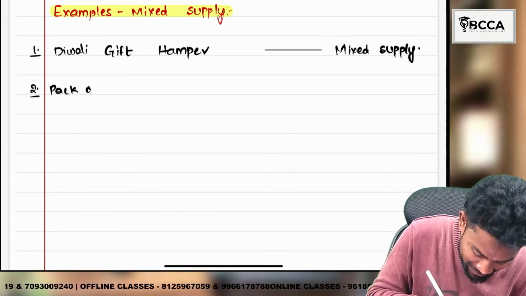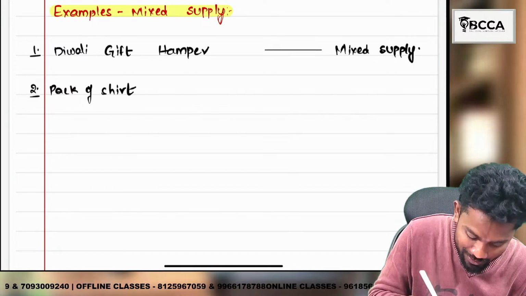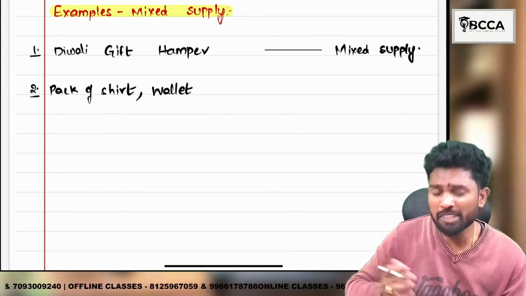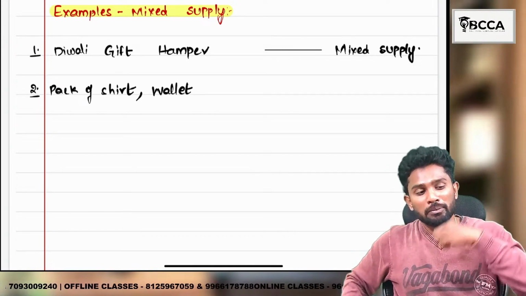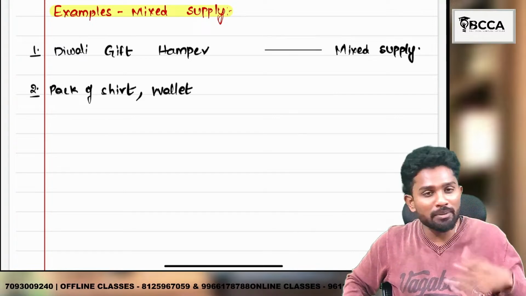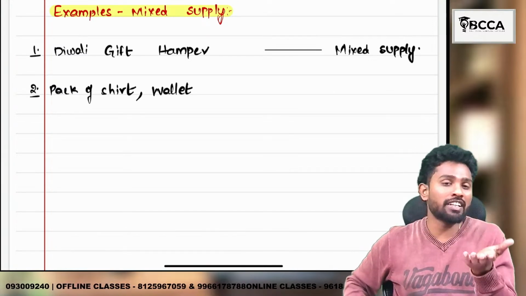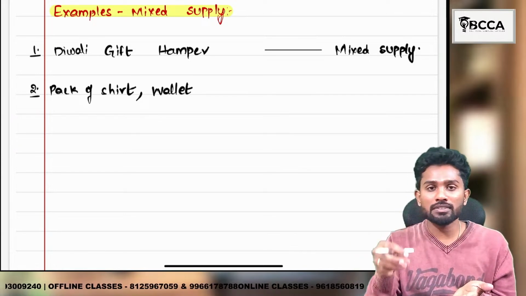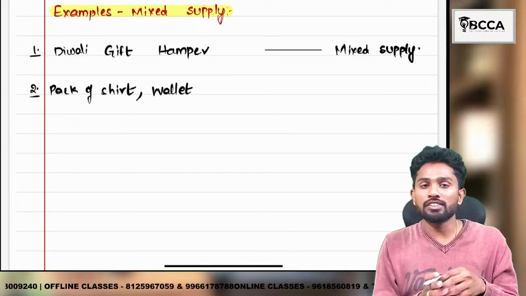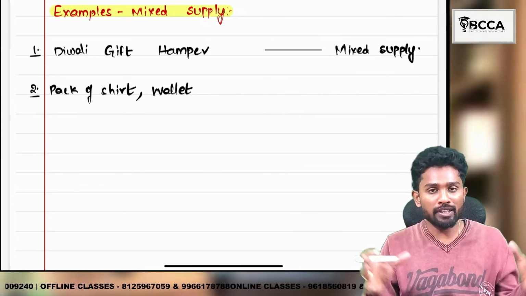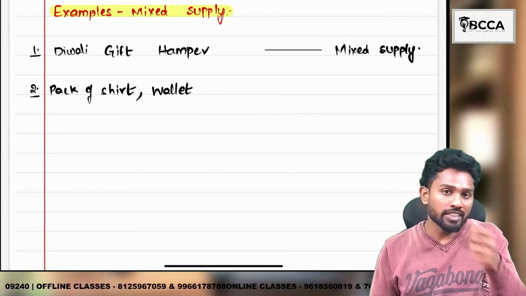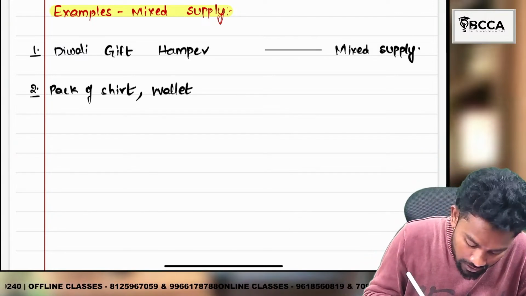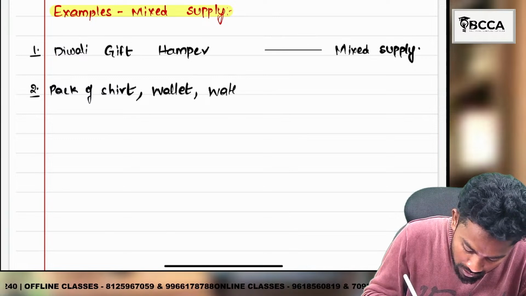This is an example, sir, in our institute material. This is a best example of mixed supply, because in the CA material it gets repeated so many times. Diwali gift hamper, there will be some sweets, dry fruits like badam, pista, different kinds of nuts, and even the sweets, everything kept in a box, and such box is given. That is a Diwali gift hamper, which has to be treated as what? Mixed supply.